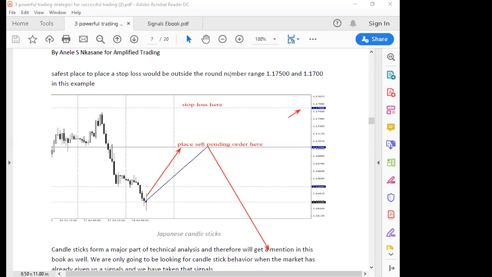Now, what I will do is, if you didn't see the PDF, I think it's the Signals ebook or something along those lines, just check that out on the Telegram channel. Make sure that you download that, and just start checking out the money management that I put in there.